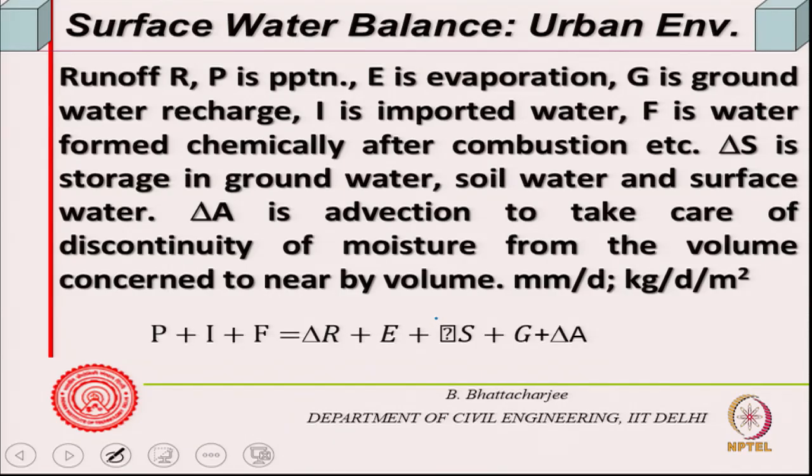So, this is the equation: precipitation plus imported water plus water formed chemically plus moisture vapor added must equal evaporation E, delta S, and G, the groundwater recharge. Delta S is the storage in the aquifer or something of that kind, and delta R is runoff, which we would like to minimize, because all others are useful, while runoff is quickly going.